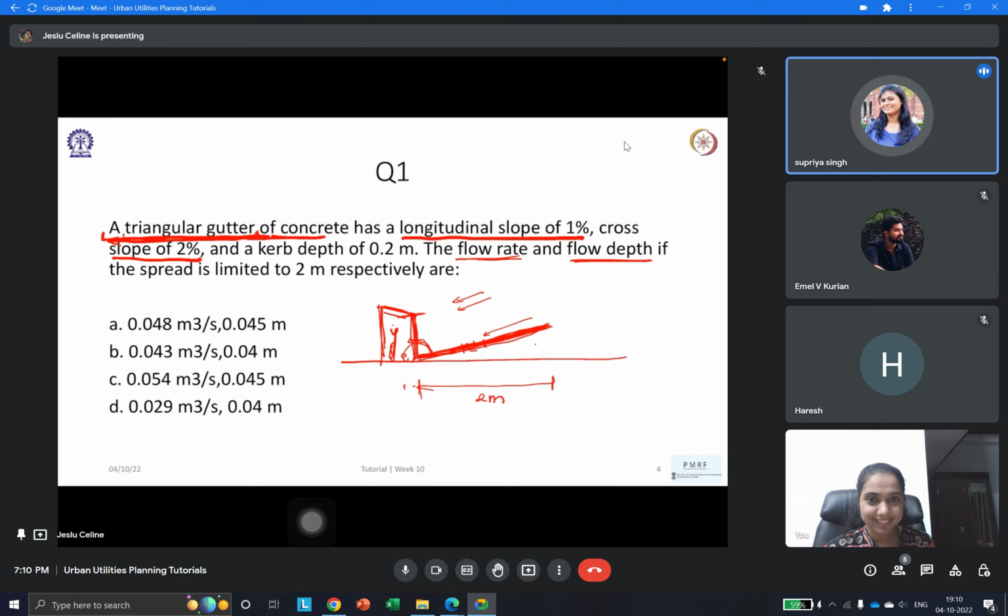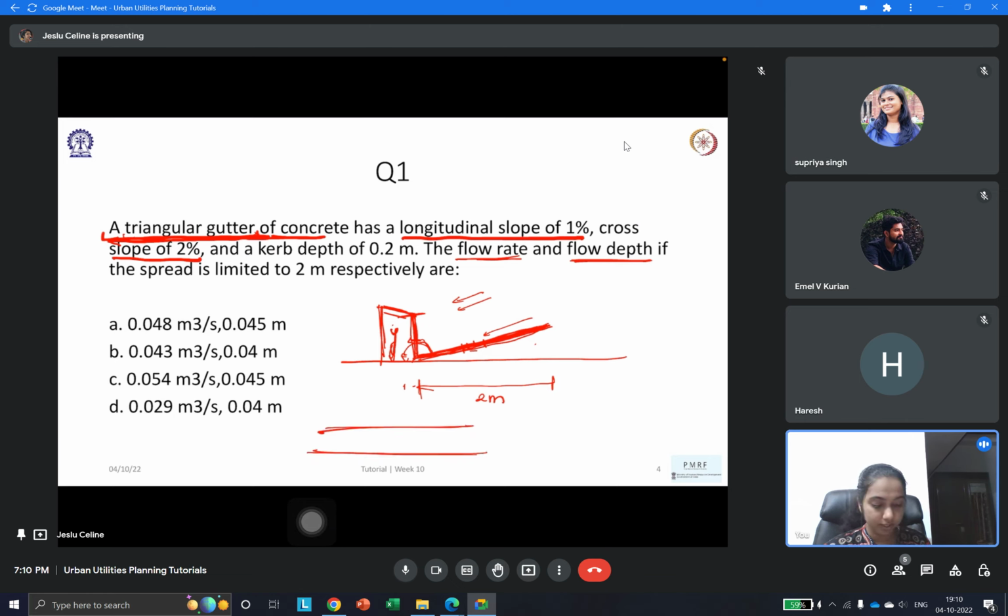So this is actually the cross section. If you have a drain like this, that is the overall drain, and you have the gutters over here. It's through these gutters that water is entering inside. It can either be on the sides or the gratings can even be over here, as we have discussed in our lectures.